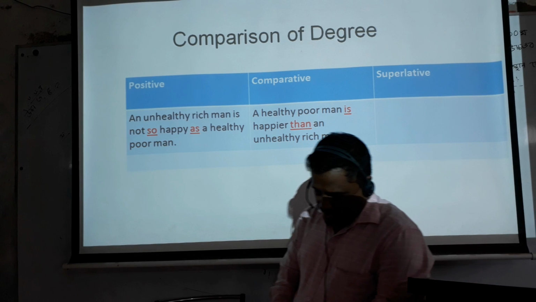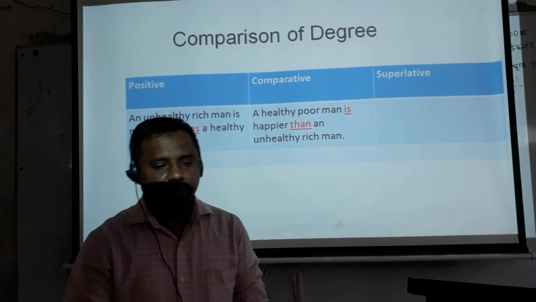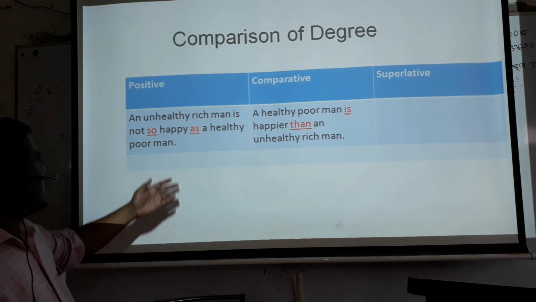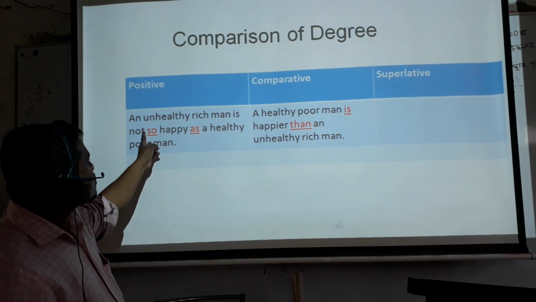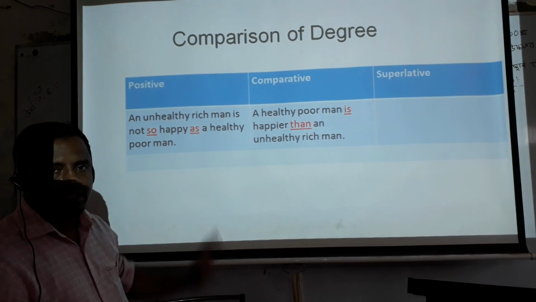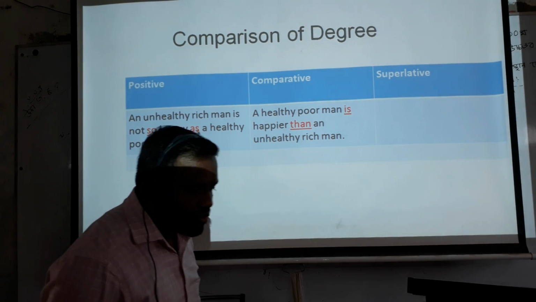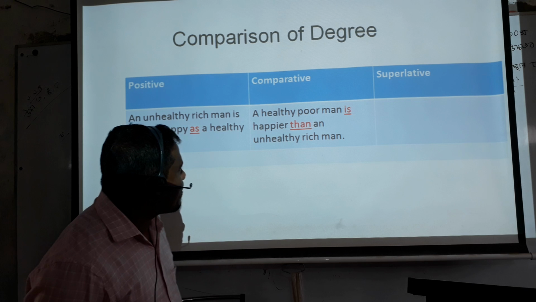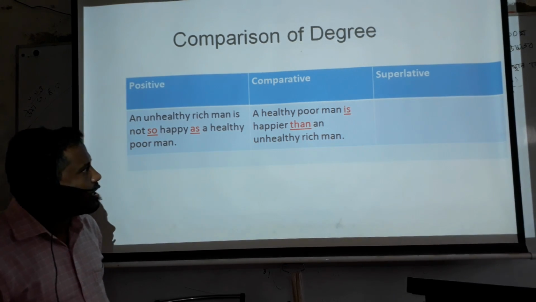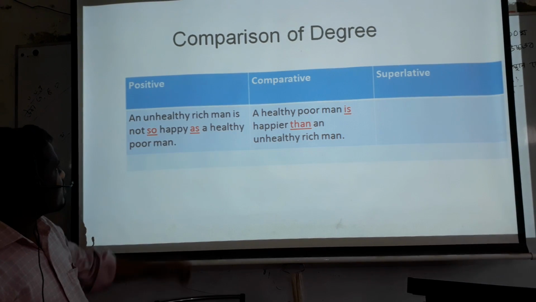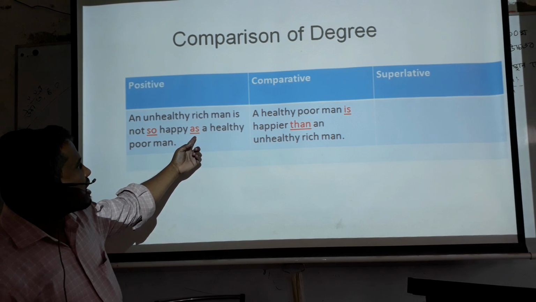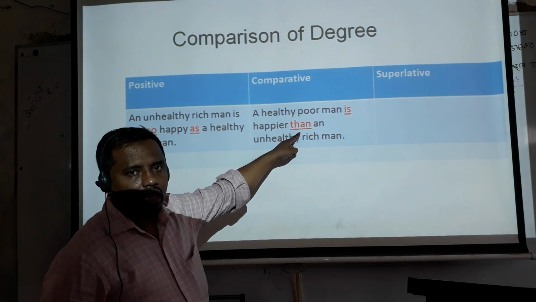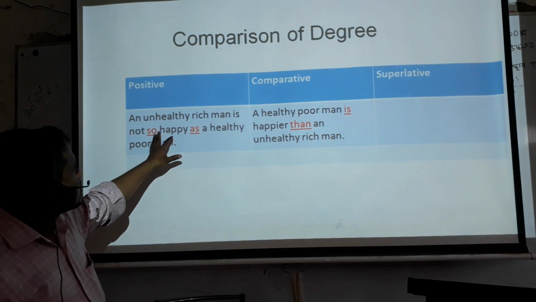Now look at another rule here. If a positive sentence begins with so or as dot dot as, and if you are asked to transform it into a comparative sentence, then you have to use it in this way. You have to leave out so dot dot as, and in place of as you have to use than. The last subject.